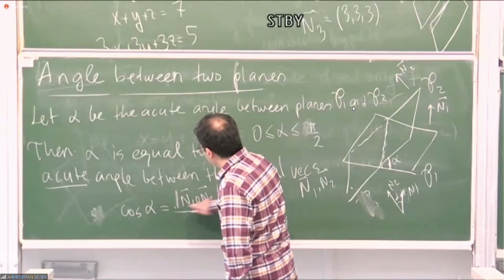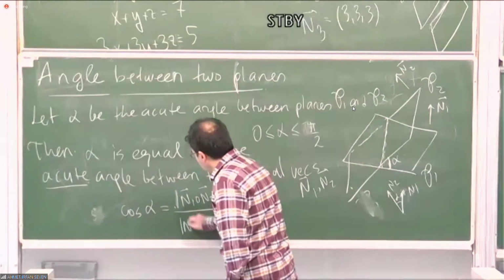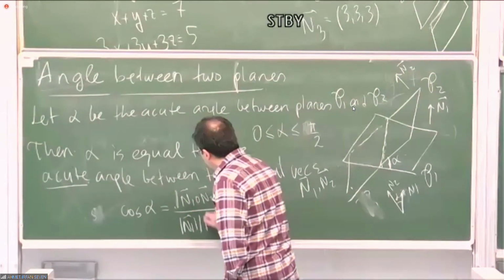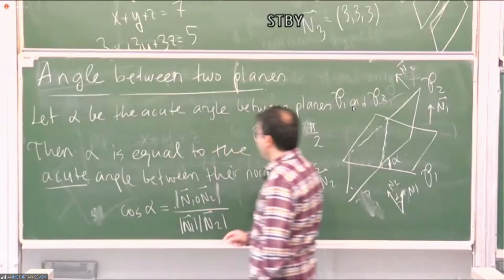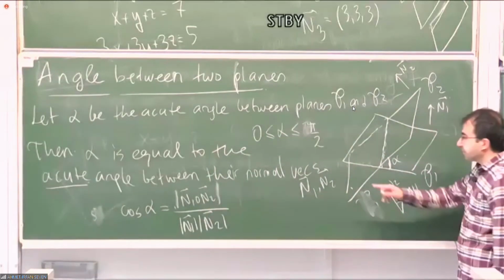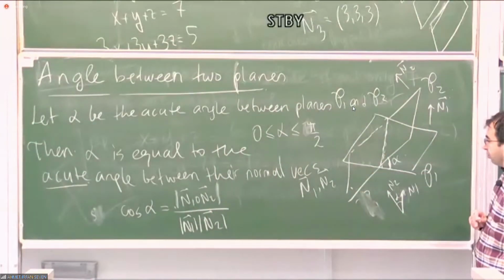Let me write here, N1. Normally this is the formula to give the cosine of the angle between two vectors N1 and N2.